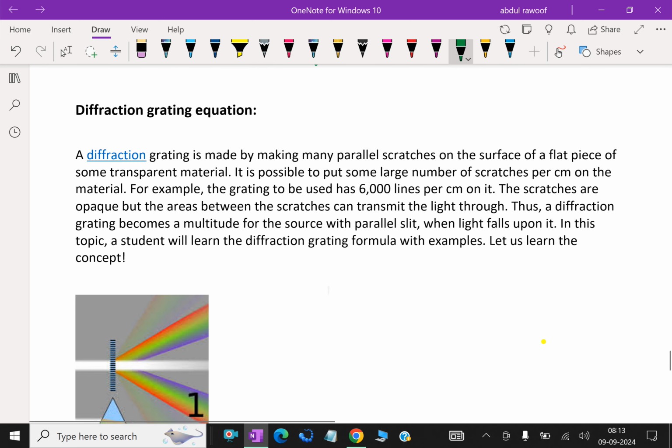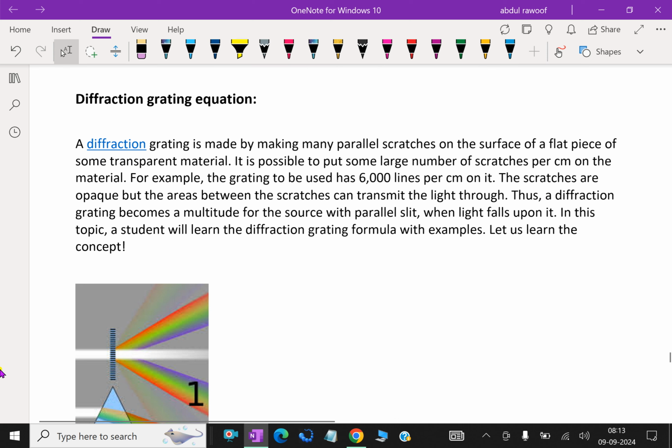Next one, diffraction grating equation. What is diffraction grating equation? A diffraction grating is made by making many parallel scratches on the surface of a flat piece of some transparent material. That means you are making parallel scratches continuously in a transparent material, that is a diffraction grating.